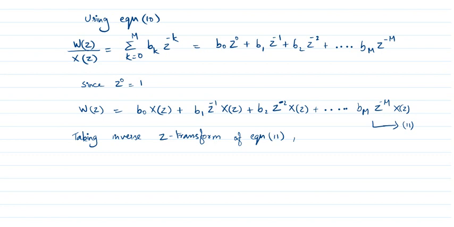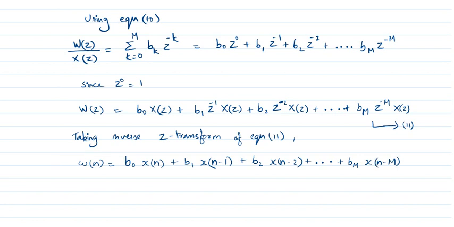Then W(z) inverse z-transform will be w(n), which will be equal to b0, which is a constant, so we will write b0 itself, times x(n) plus b1, a constant, z raised to minus 1 X(z), inverse z-transform will be x(n minus 1), plus b2 constant, z raised to minus 2 X(z) will be x(n minus 2), plus etc., plus b_M constant, z raised to minus M X(z) will be x(n minus M). Okay, this is equation number 12.